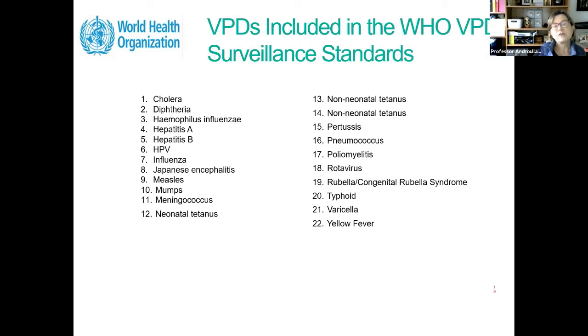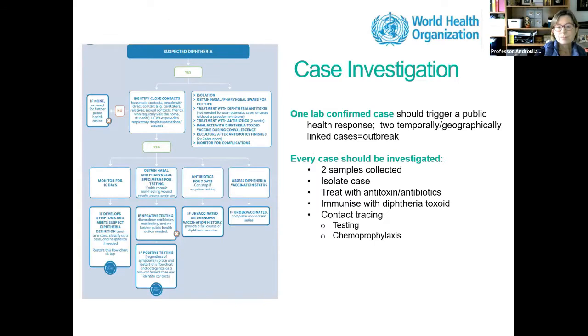And these are the VPDs that are included in the surveillance standards. So it's primarily 22 diseases. And it describes, for example, case investigation. How do you undertake case investigation? So basically, one lab confirmed case should trigger a public health response immediately.